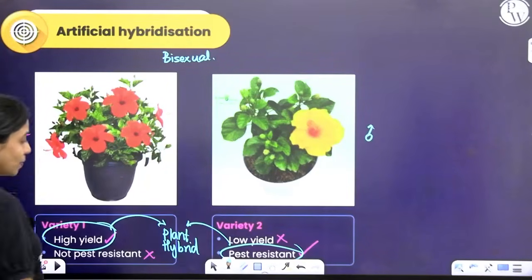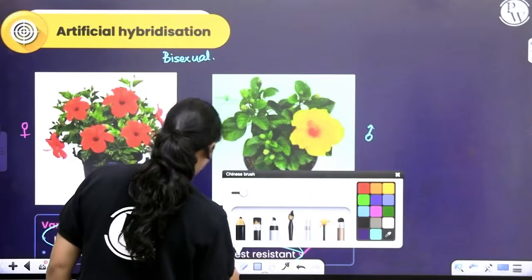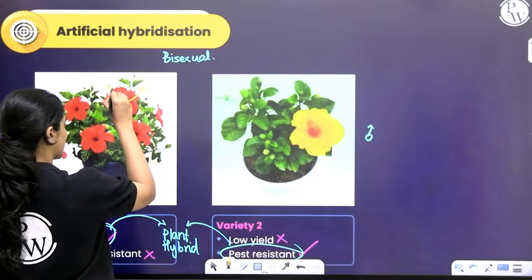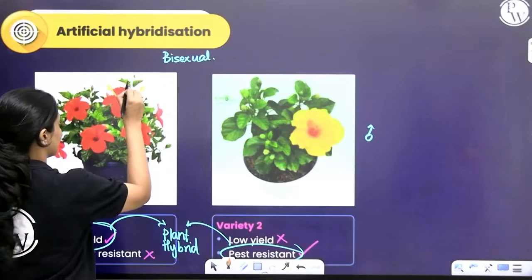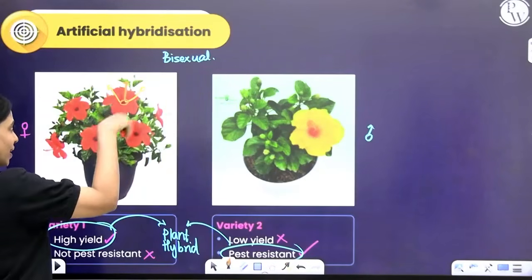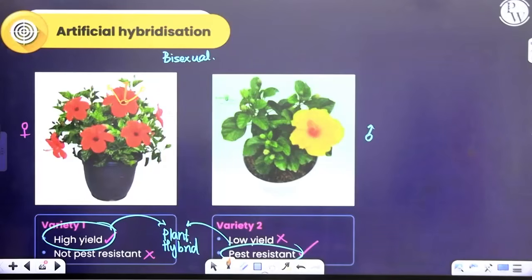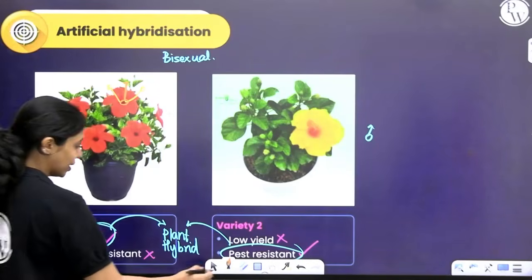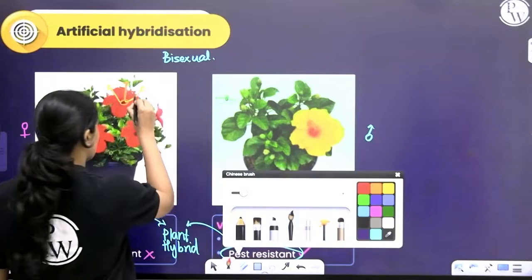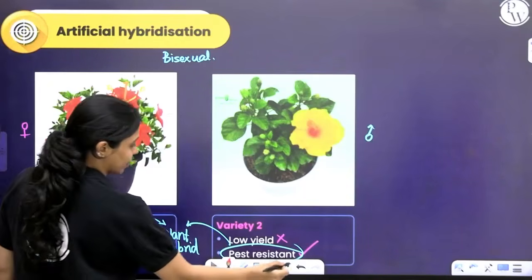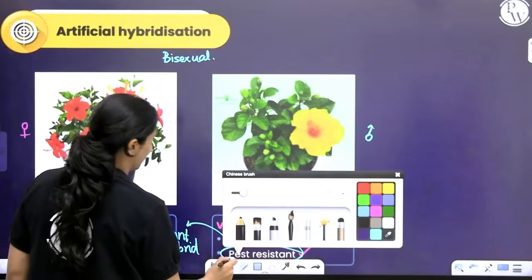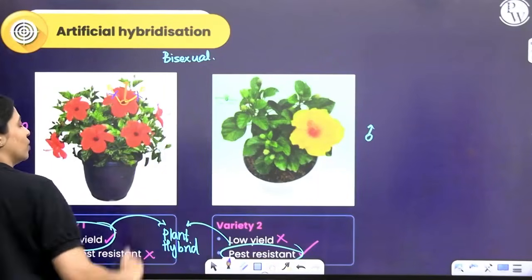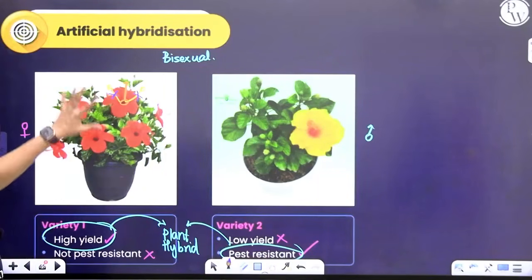If I want this plant to be female and it is a bisexual flower, that means it has both stamen and stigma. If I want to make it female, then what should I do? I should remove its male part, right? So I'm going to cut off this male part and remove it. The process by which I cut and remove the male part of the plant, which is the androecium or the stamen or the anther, that step is called emasculation.